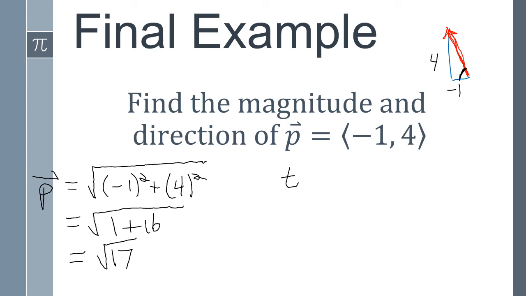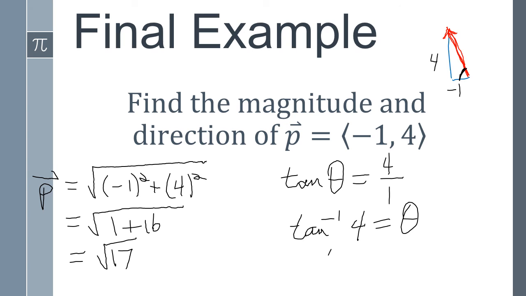So the tangent of theta is equal to the opposite, 4, over 1. So the inverse tangent of 4 is equal to theta. Plugging this into the calculator again, I get 75.9638, which we round to 76.